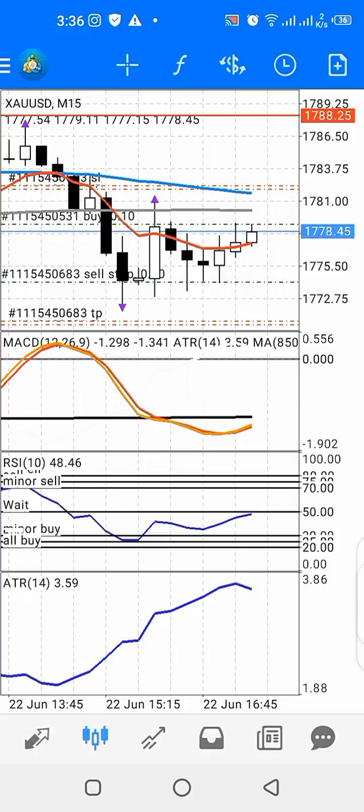If you are trading a standard account with 0.01 lot size, if gold's price should move for 10 pips, that's $1. And if it should move for 100 pips, that's $10.